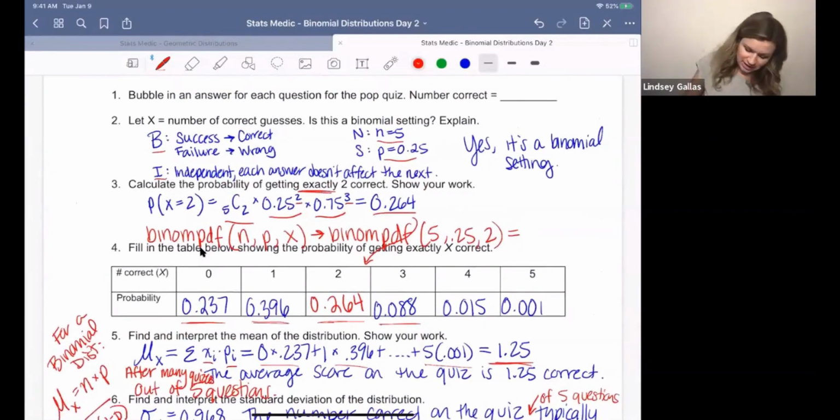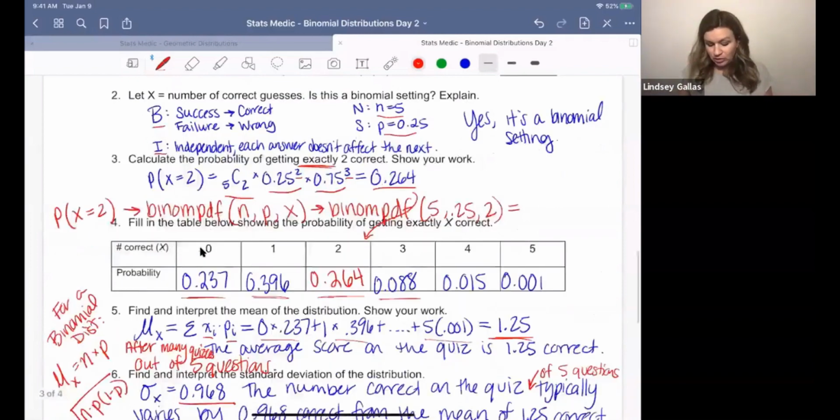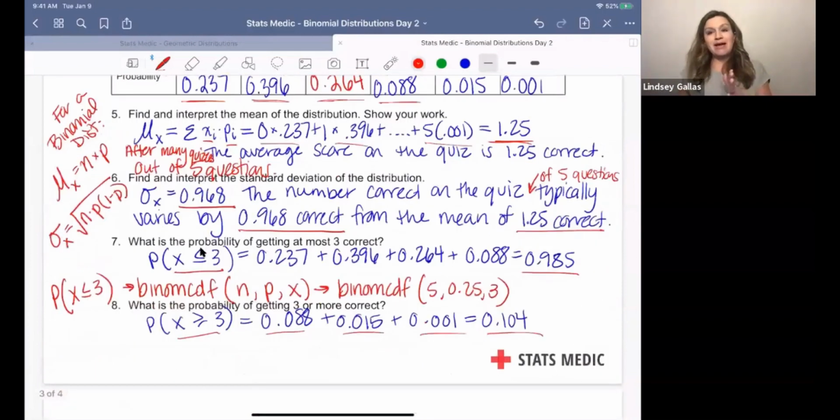So what I'd like you to add in next to this one is this is the probability of x equal to 2. So we use binomial PDF when we want the probability of exactly a certain number correct. Binomial CDF is you want that value or less for successes. I remember that one because I think of CDF as cumulative, so it's everything from that point and before.